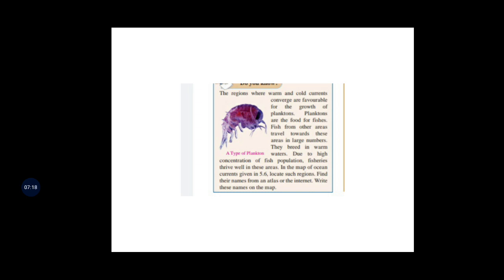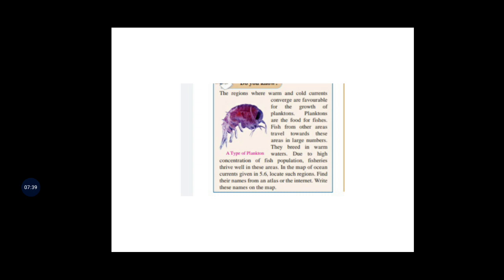Planktons are the food for fishes. Fish from other areas travel towards these areas in large numbers. They breed in warm waters. Due to the high concentration of fish population, fishes thrive well in these areas.